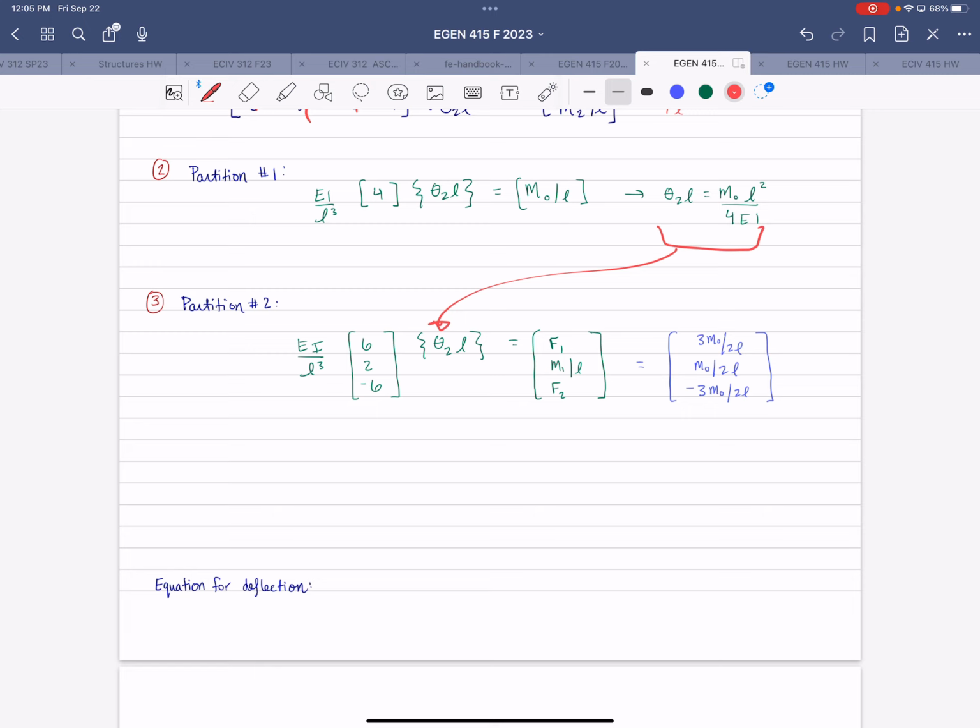So go ahead and sketch that out here. When we're interpreting these results, we still have to stick with the finite element sign convention, right? So we have positive 3M0 over 2L reaction at the left end.